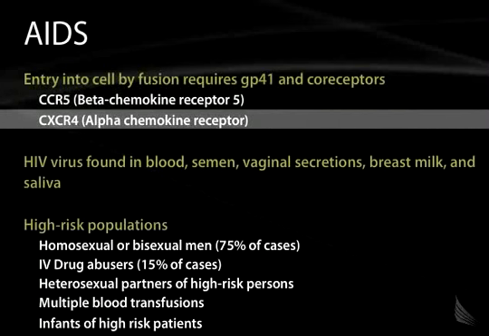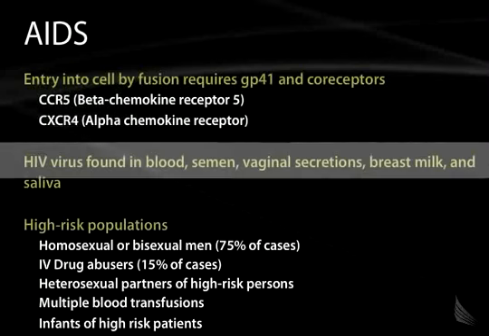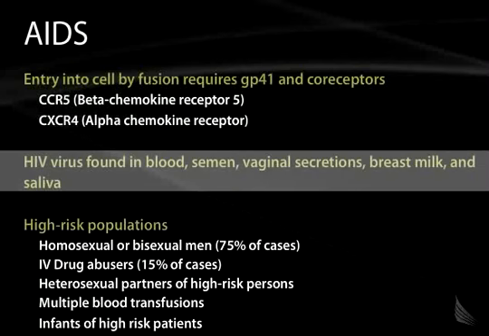Some of the more interesting findings in the research in HIV over the last several years has been the finding of mutations in CCR5 and CXCR4 that render some populations of individuals more resistant to infection with HIV because it cannot bind appropriately to these receptors due to the mutations that are present. If you're testing a patient for HIV, it can be found in various body fluids, including blood, semen, vaginal secretions, breast milk, and saliva.